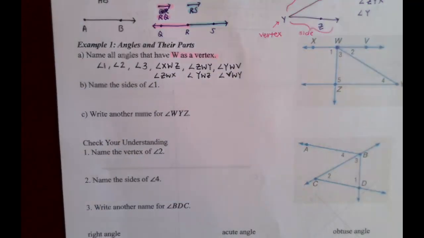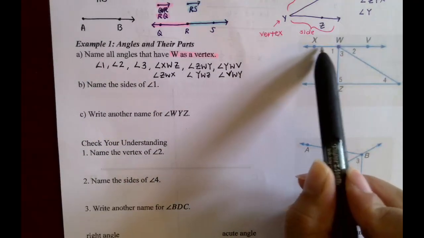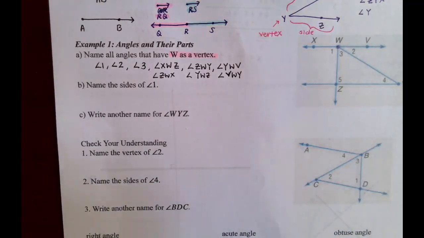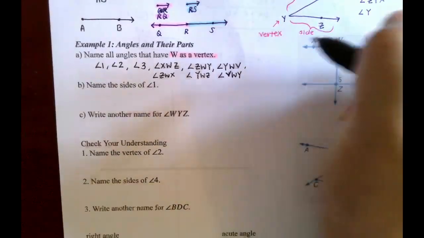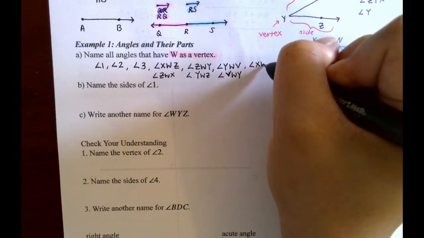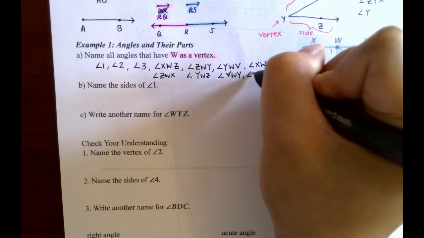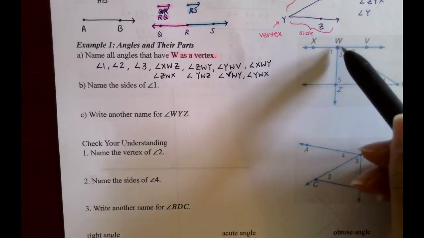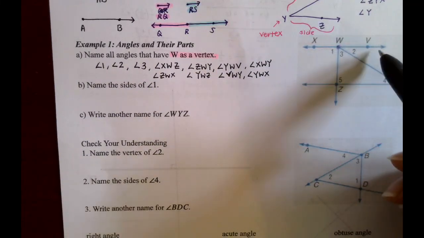I can also form an angle like this here with both 1 and 3. That one would be angle XWY, or the reverse order, YWX. And I can also name the angle with 3 and 2.